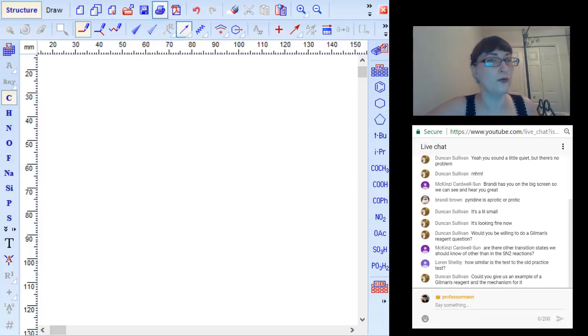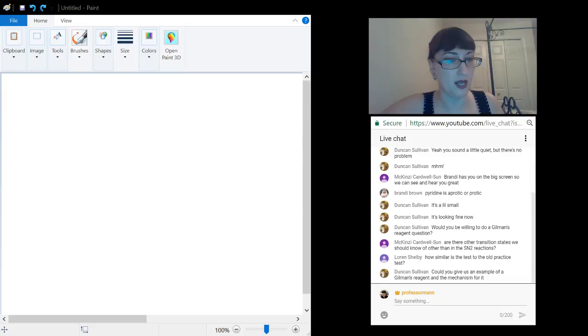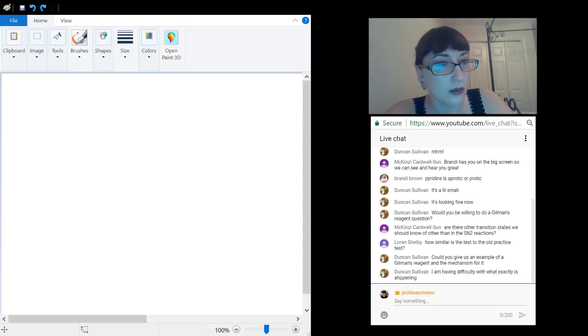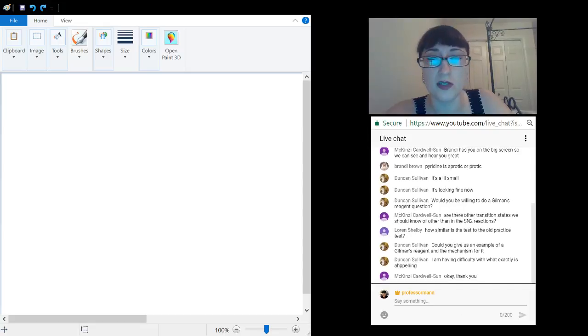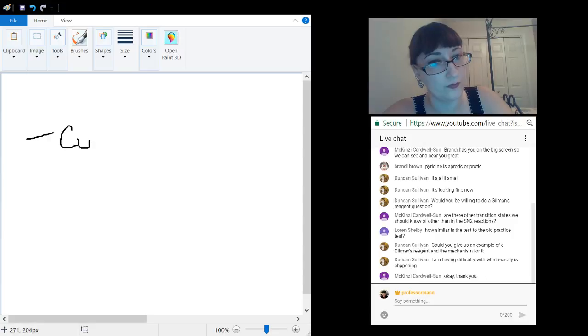Okay, so Duncan, let me switch over to Paint so we can show it easier. Let's say we have some sort of Gilman reagent. You've had to make that using lithium and copper, and you use these different components to make something that essentially comes out with copper attached to some sort of R group.